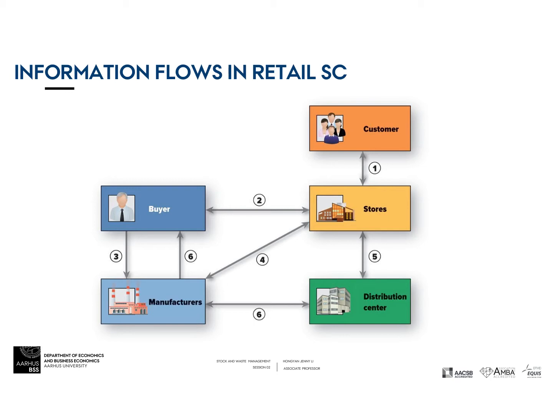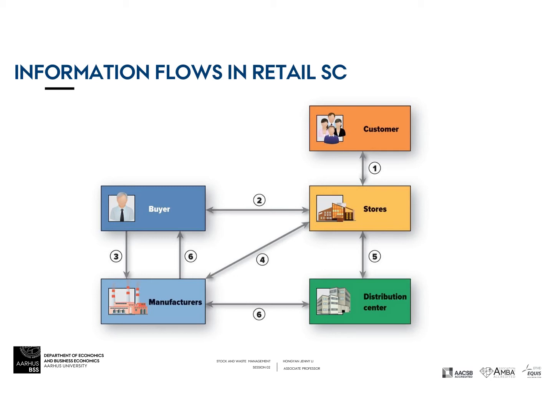So first, let's see the information flow in the retailer supply chain. The supply chain starts from the customer, then to the store, to the distribution center, to the manufacturing, and then the buyer buys the products from manufacturers, and then satisfies the demand from the customers and sends the items to each store.